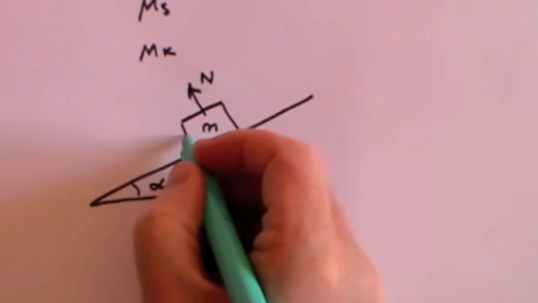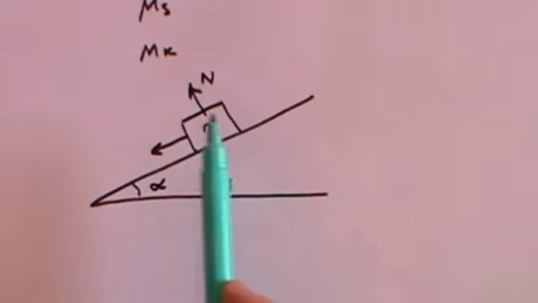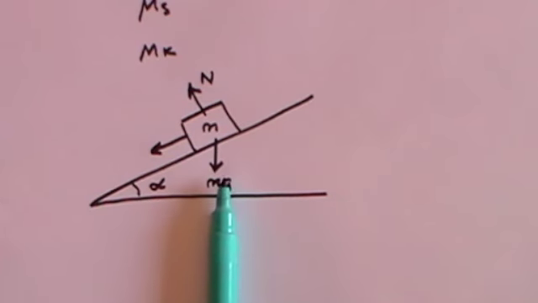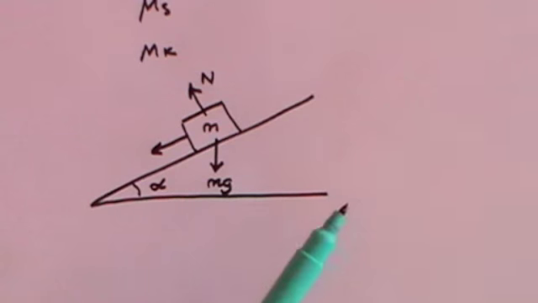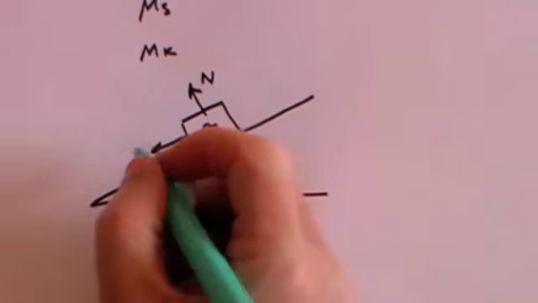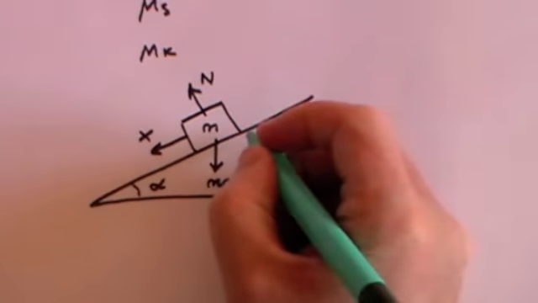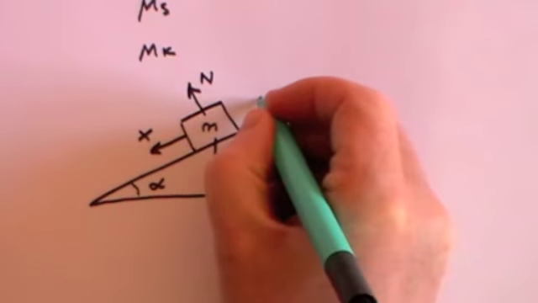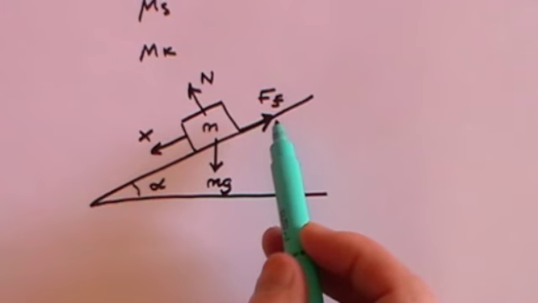And of course there will be a force acting down the plane, which will be attempting to make this block move, and that force will be the component of the gravitational force mg, but in this direction. And we'll have to work out what that is. So let's call it x for the moment. And of course there will be a frictional force which will oppose movement. So the frictional force moves in this direction.